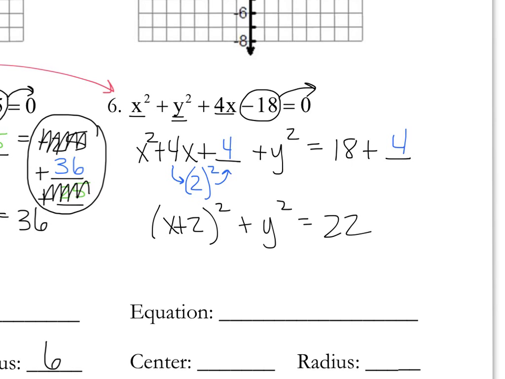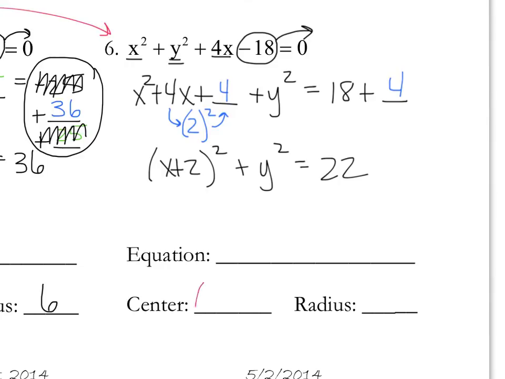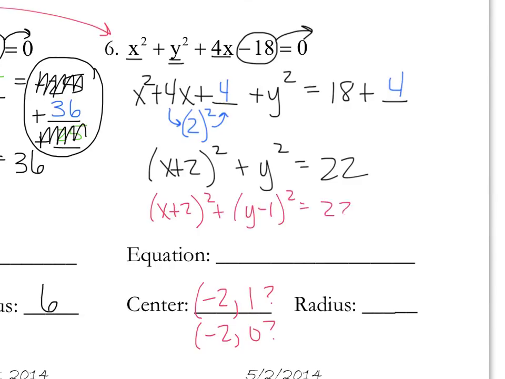I have been getting a lot of questions about whether the center is going to be negative 2 comma 1, or negative 2 comma 0. I'm a little confused at the question, so maybe you could tell me if the answer for this equation would be negative 2 comma 1.